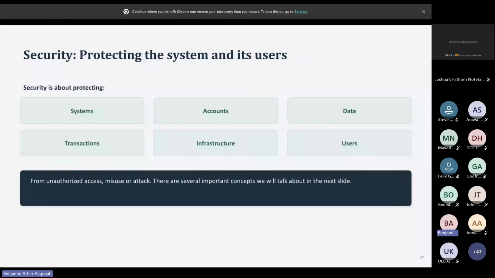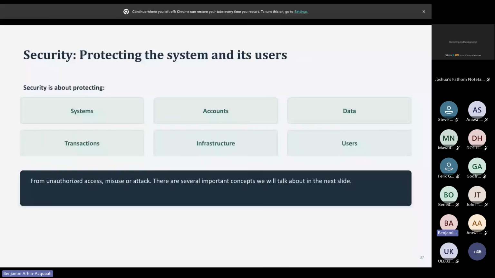So protecting all these components or parts of your system from unauthorized access, misuse, or attack.